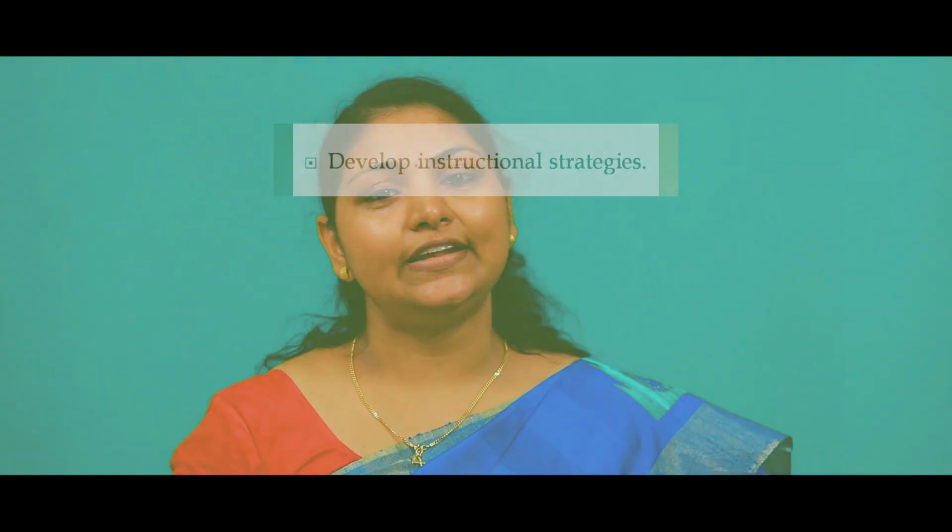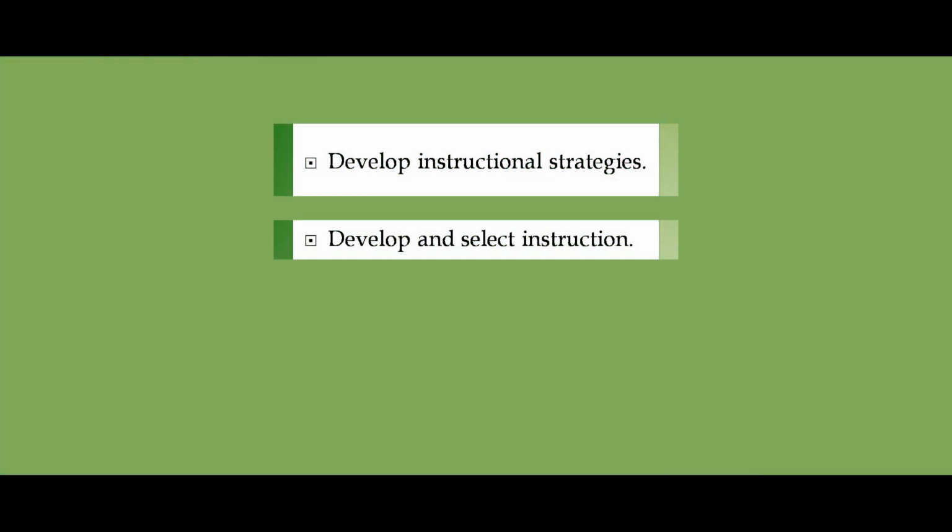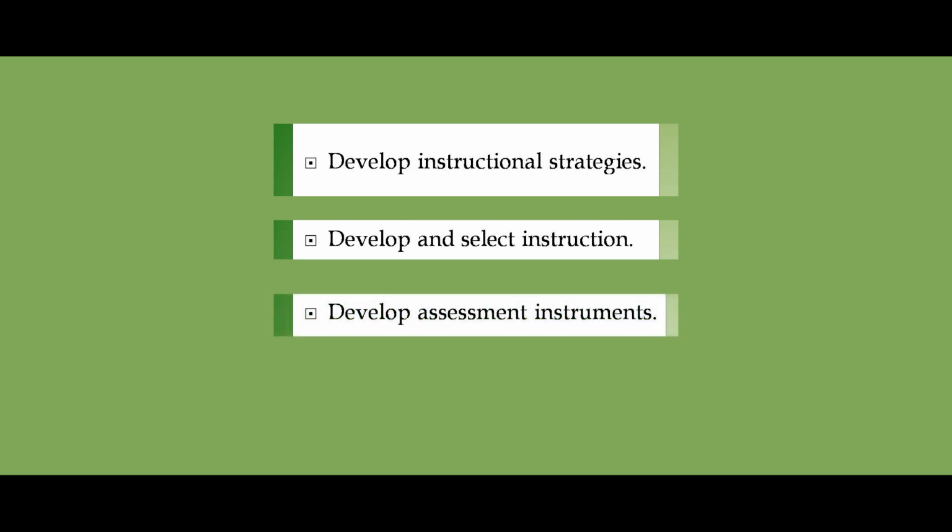The second phase is system design, which includes the writing of performance objectives. And the third phase is system development. It includes the development of instructional strategies, development and selection of instruction, and development of assessment instruments.